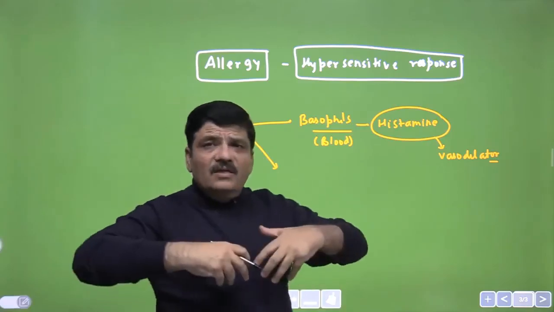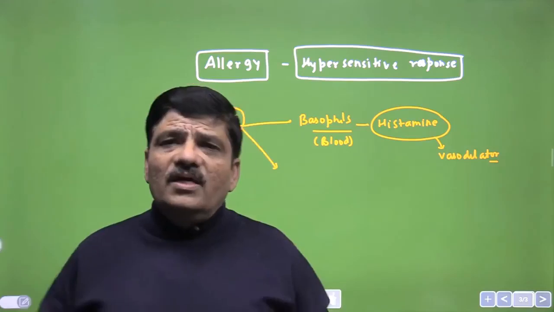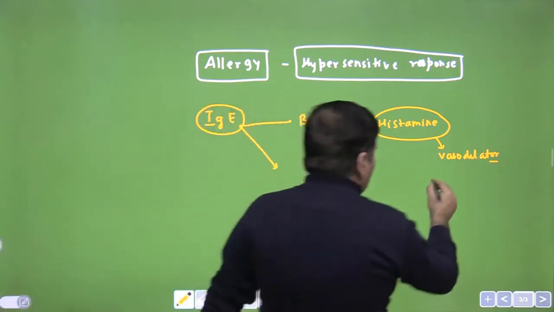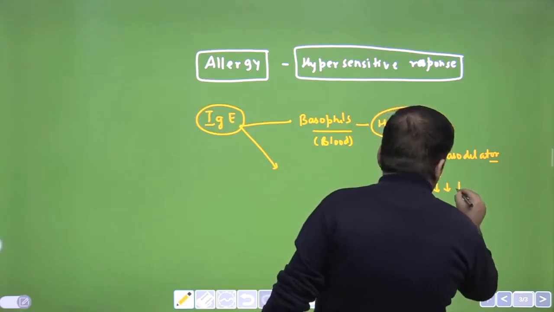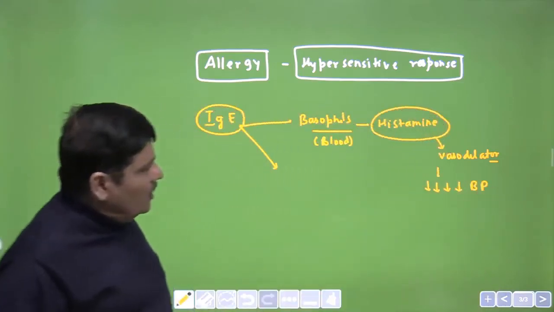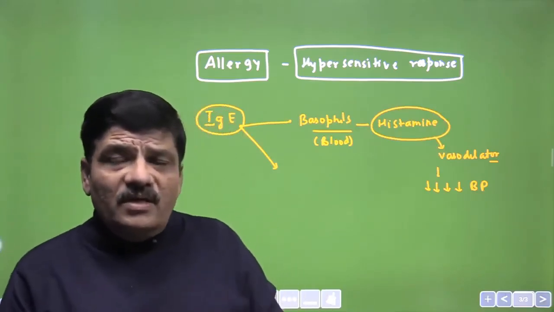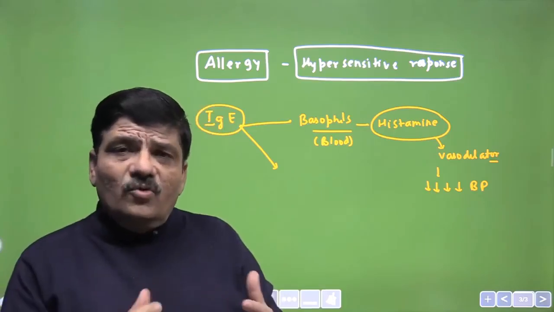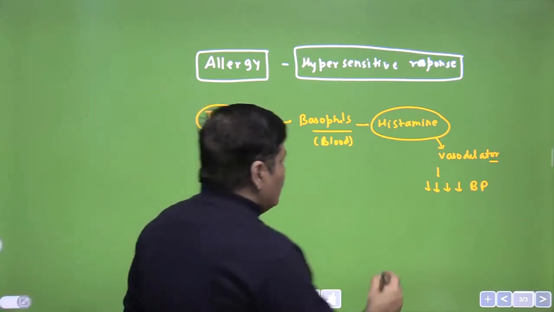If something is present in the blood, it will travel throughout the body and there will be a generalized vasodilation, causing a precipitous fall in blood pressure. You can easily imagine, when all the blood vessels are dilated, suddenly there is a significant fall in blood pressure, and oxygen will not be reaching the organs, and therefore the organs will undergo failure. This is what is called shock.